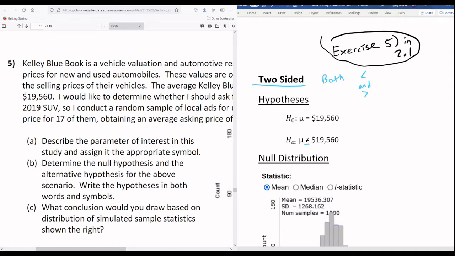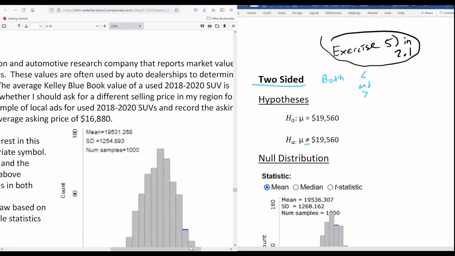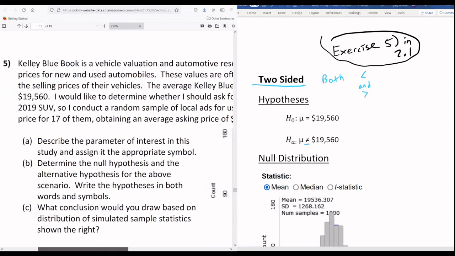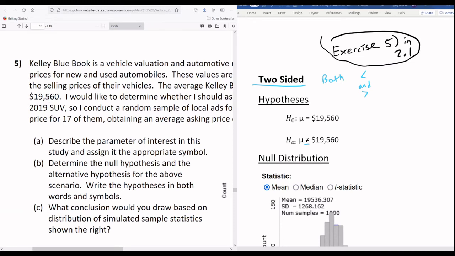The first thing we do is go to Kelley Blue Book and ask, what's the value of my SUV? The average Kelley Blue Book value of a used 2018 to 2020 SUV is 19,560. That's the big population average for these SUVs all over the country.